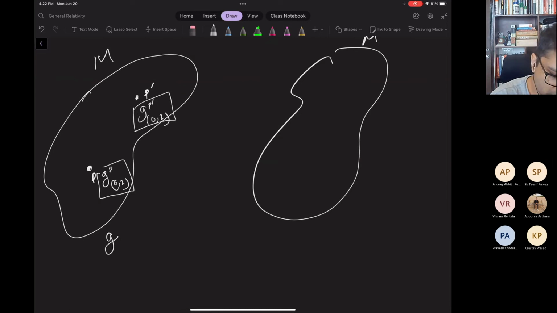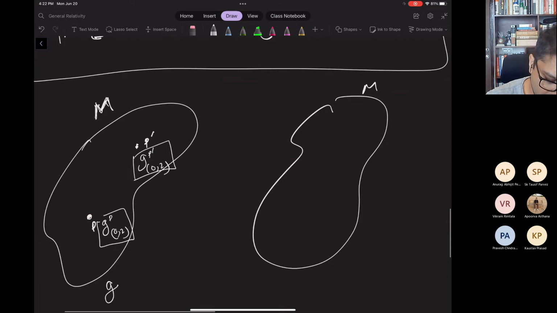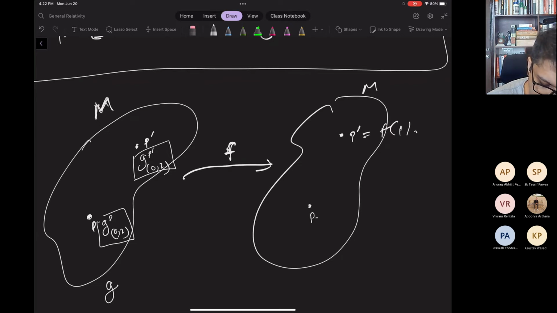Now what we were saying is that we take diffeomorphisms from M to M. So the point P gets mapped to some other point P prime here. Let's call this f of P. And this is the point P again. Now what we want is a special class of diffeomorphisms.